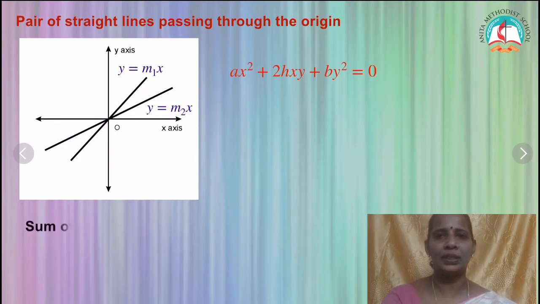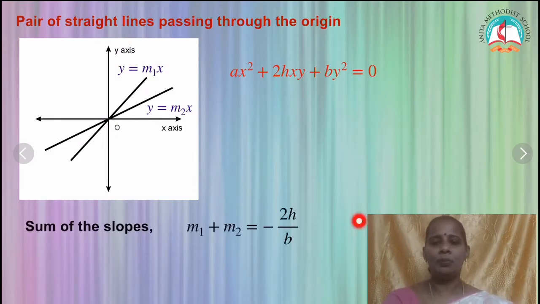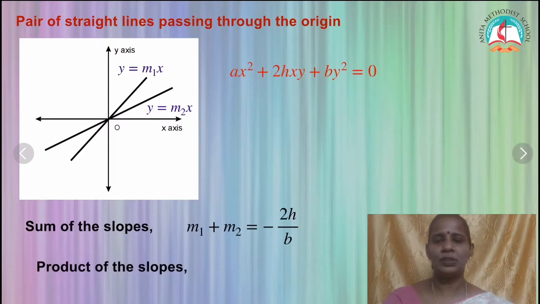This equation has two slopes. Therefore, sum of the slopes, what is the formula? m1 plus m2 is equal to minus 2h by b. And product of the slopes, m1 m2, is equal to a by b.